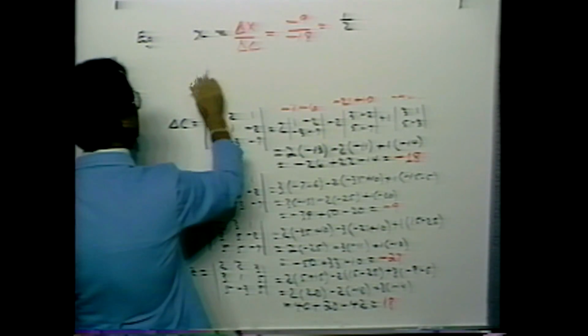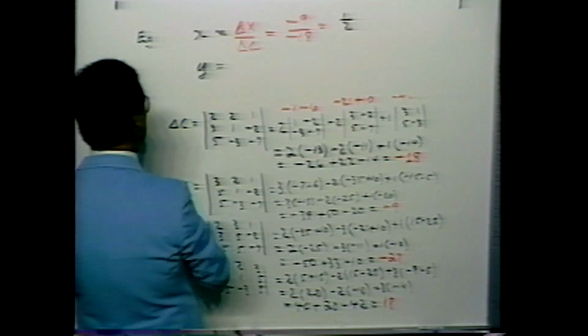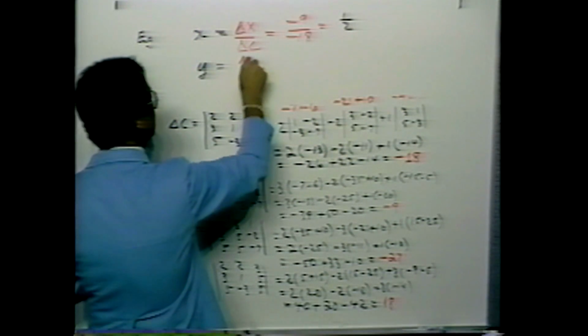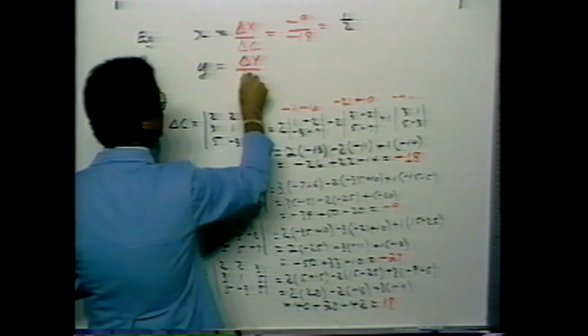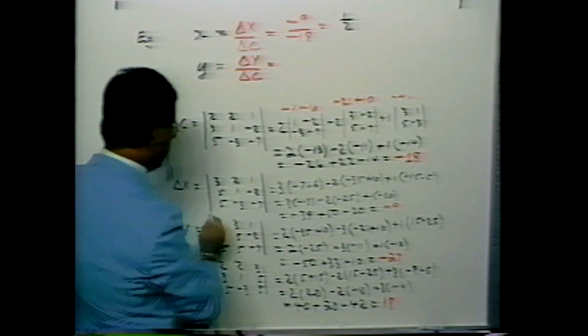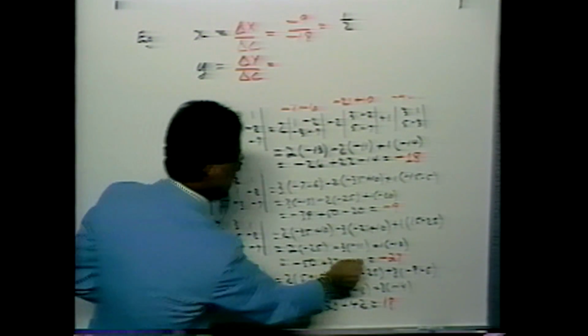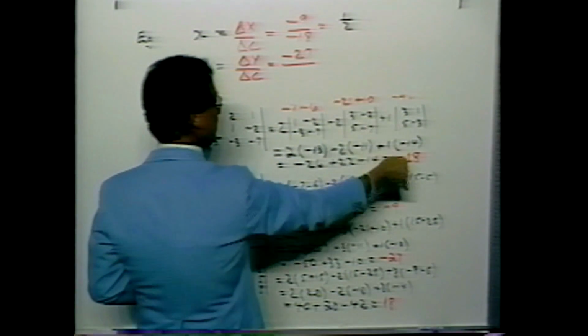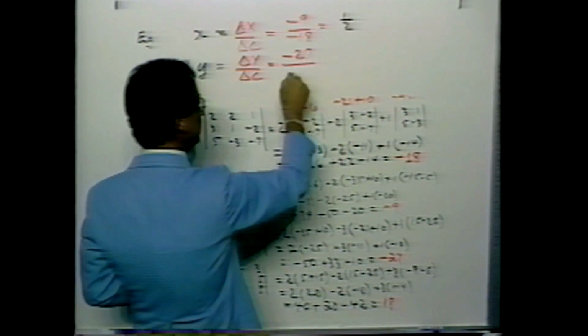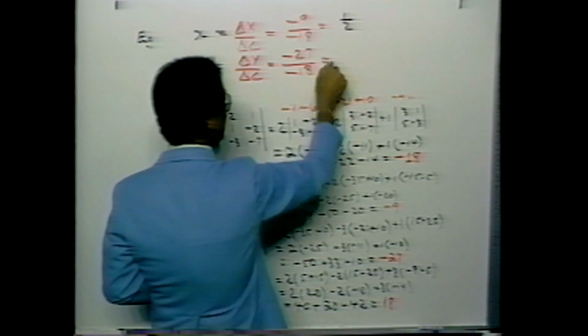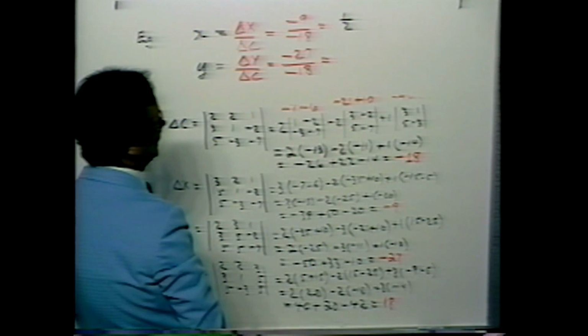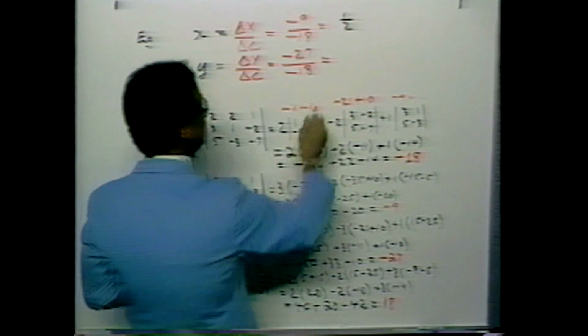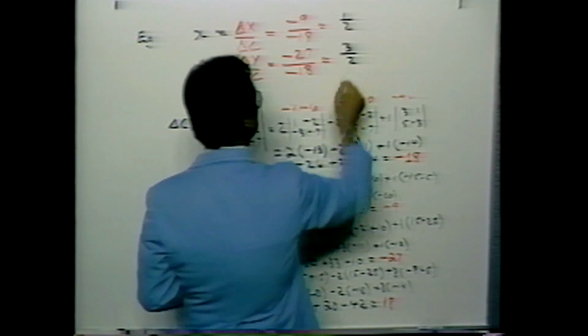We have y is equal to delta Y over delta C, and that is equal to minus 27 over minus 18, and that is equal to positive 3/2.